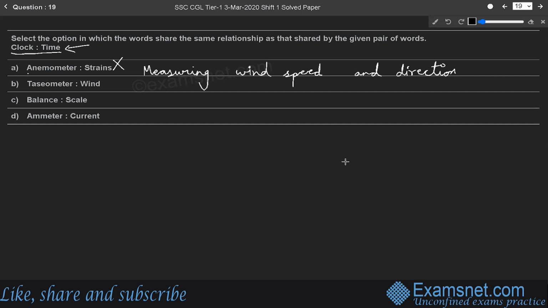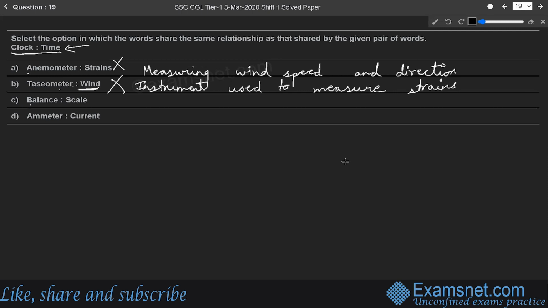Second option is tasseometer and wind. Tasseometer is an instrument that is used to measure strains. So tasseometer is related with strains, not with wind. So the second option is also not correct.